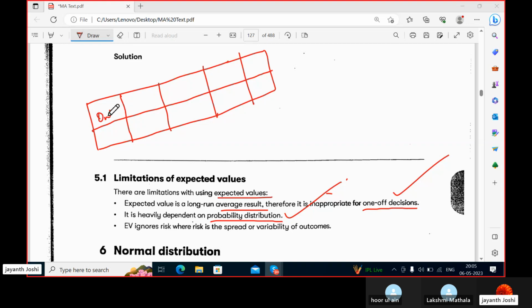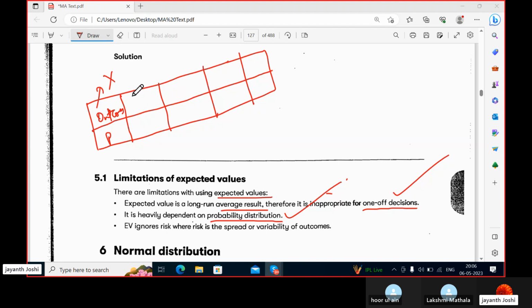See, these are the outcomes and these are the probabilities. So I'll put the outcomes as X.